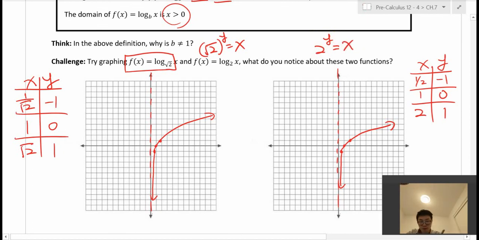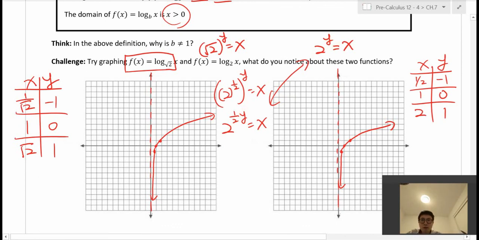Now, the graph, you might not be able to see it, but let me show you this. We can rewrite root 2 as 2 to the power of 1/2. And this is to the power of y equals x. So really, this is 2 to the power of 1/2 y equals x. If you compare these two, what happened was, this was y, this is 1/2 y.